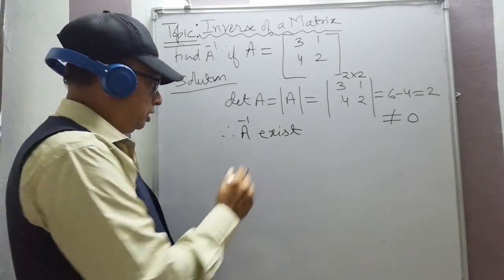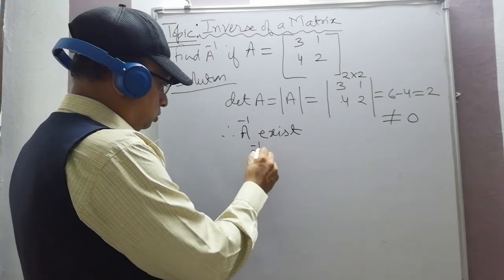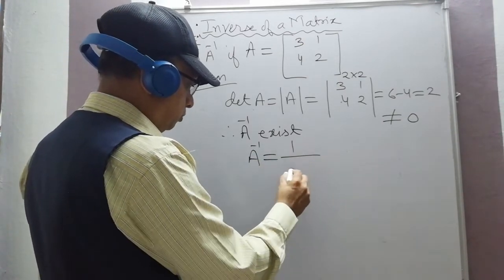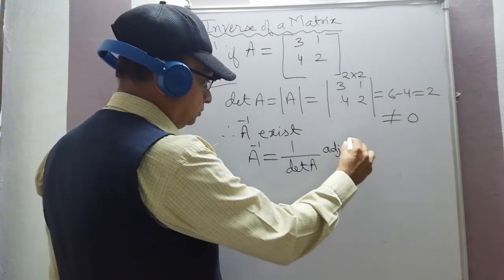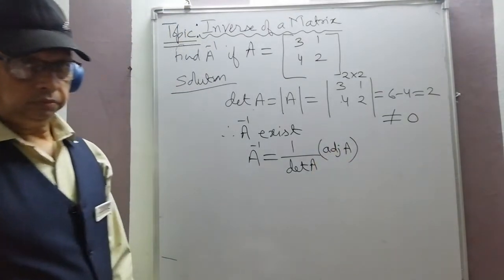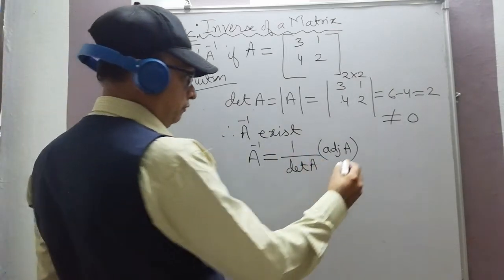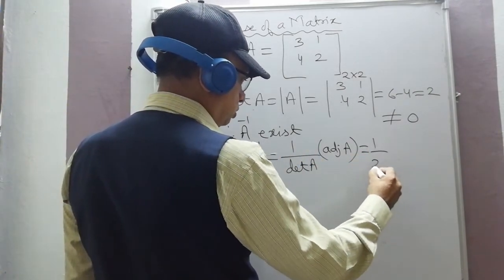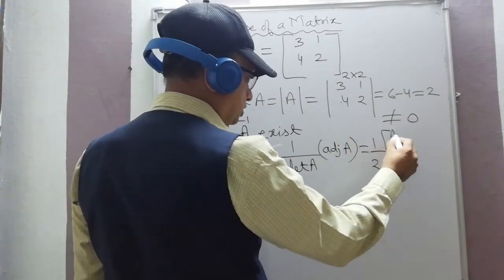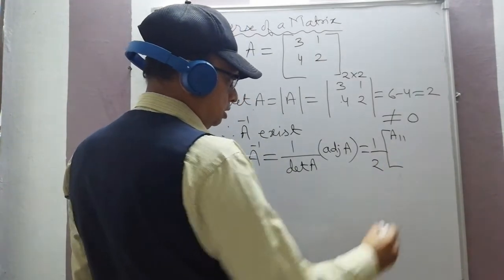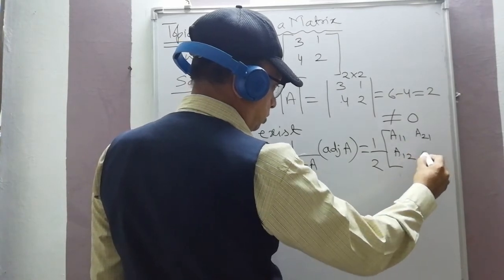Now you write it. A inverse is equals to 1 upon determinant A into adjoint of A, which is equals to 1 upon 2 adjoint of A. Adjoint of A is A11, A12, A21, A22.